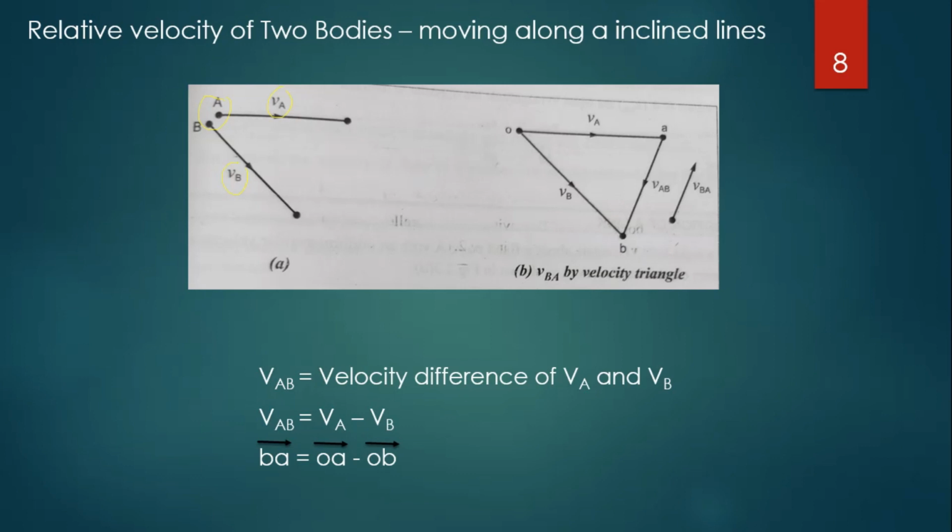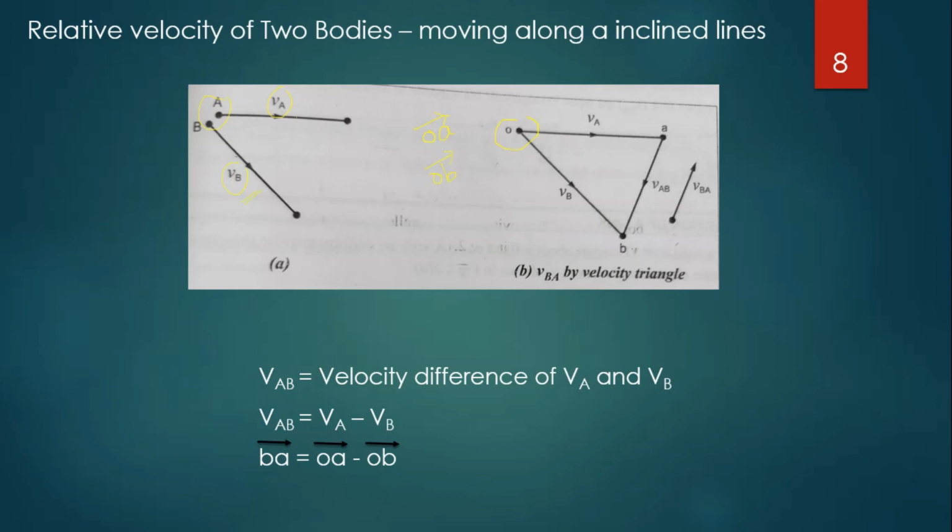Now take any fixed point O, which represents the zero velocity point. From O we draw a vector OA parallel to VA, and draw vector OB which is parallel to VB.